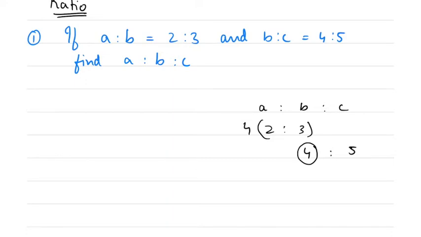So 4 into 2 and 4 into 3. And multiply the second ratio, that is 4 is to 5, with the second term of the first ratio, which is 3. Got it?